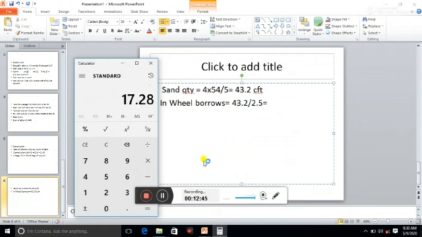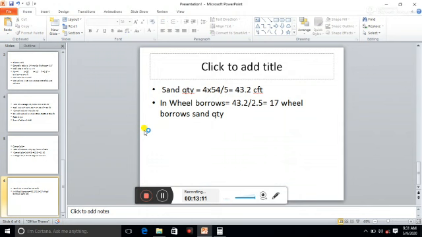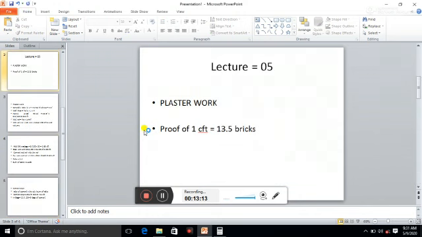We already discussed wheelbarrows in the previous lecture. So 17.28, which means 17 wheelbarrows. Okay, so same quantity. So this was plaster work, and I hope you all will understand.